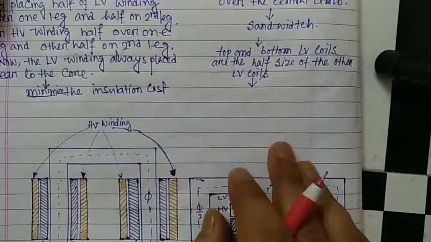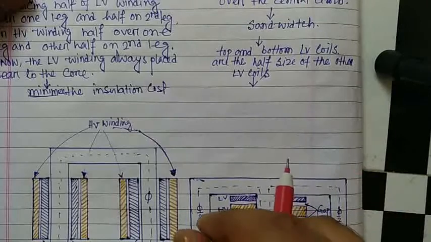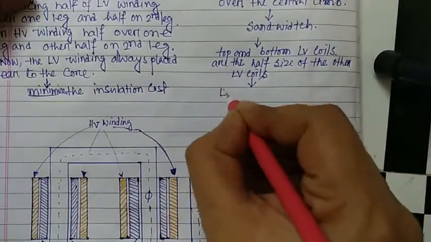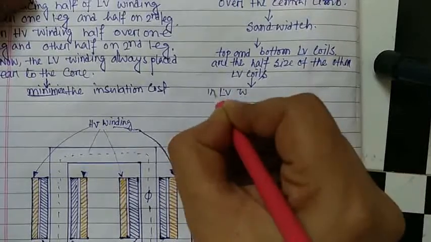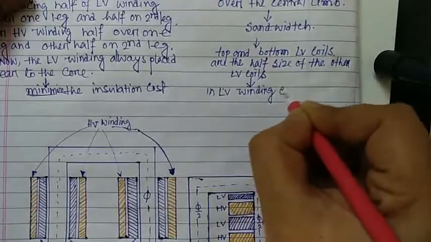Why? Because in the LV winding, the low voltage winding, the current is more.